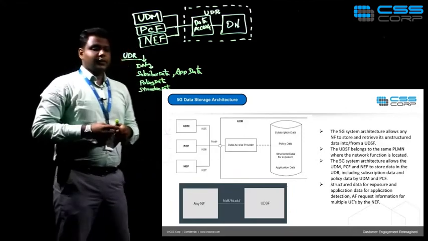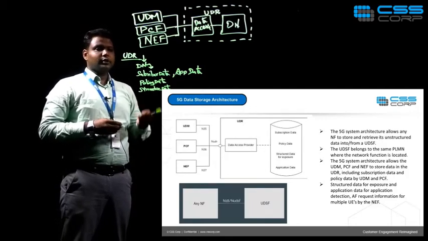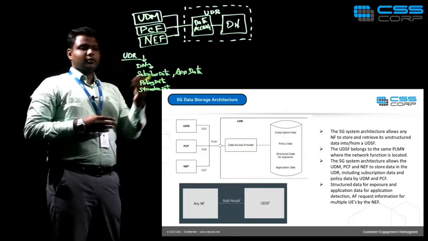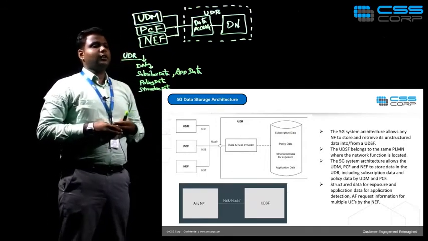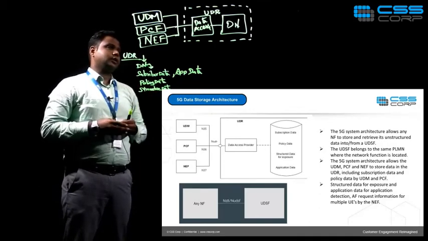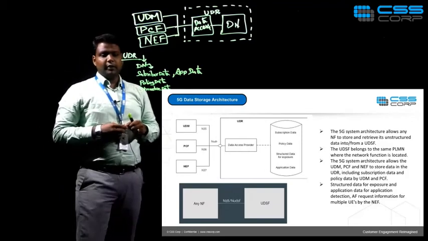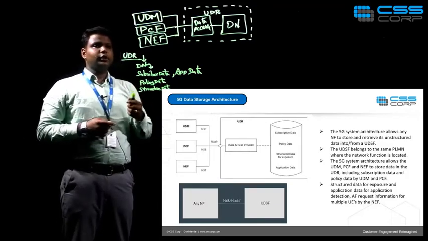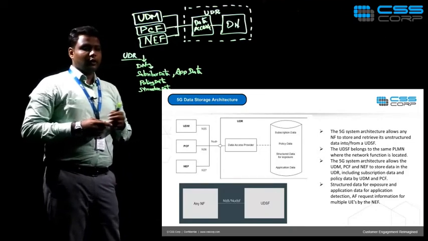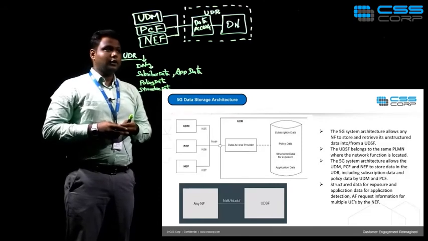So in this 5G we have a lot of network functions to store and retrieve the data from the data network. The UDSF belongs to the same PLMN of the network. It will have the same PLMN for the same network. And in the 5G system architecture, this UDM, PCF and NEF are directly connected to the data storage device, that is nothing but the UDR.